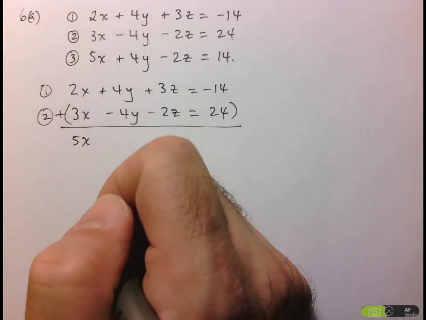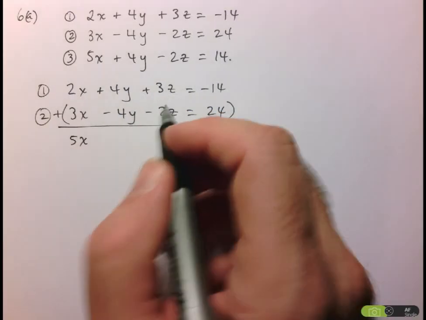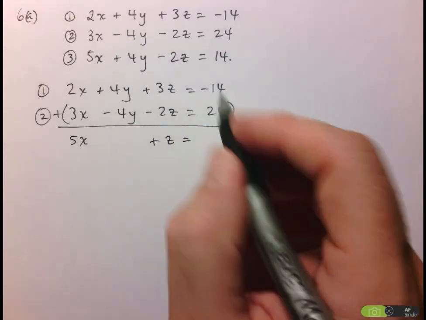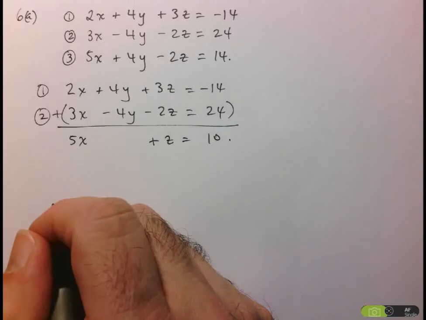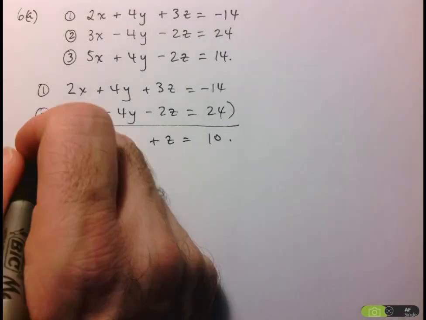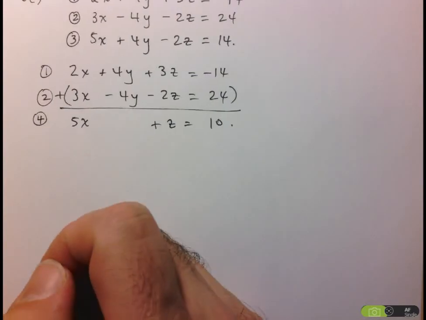The y's reduce to 0, and 3z minus 2z, so plus z, is equal to 10. Since I've created this new equation which I'm going to use, I'll label it a different number, so I'll call that equation 4.